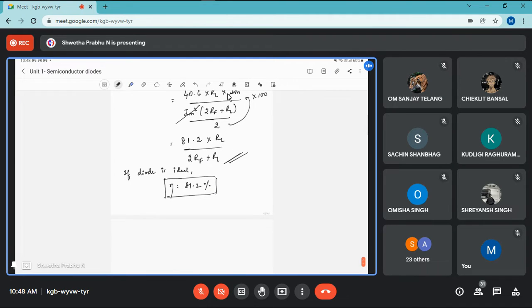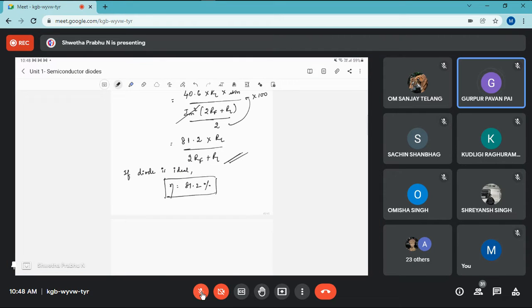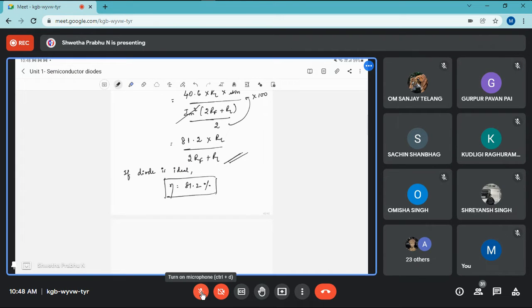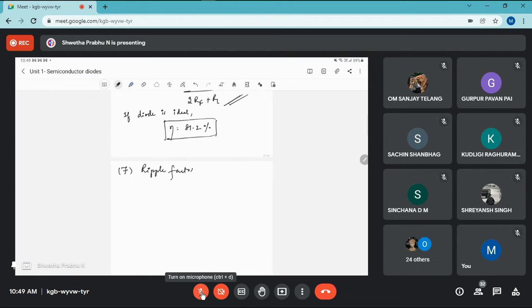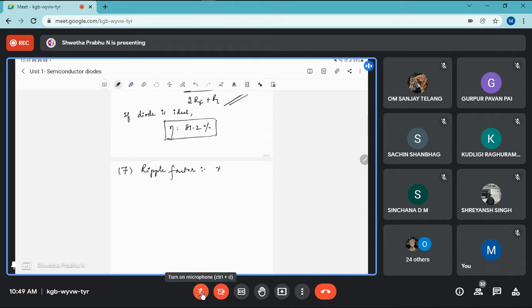Any doubts till now? No doubt. No, ma'am. Okay. So next, coming to the next consideration, that is the seventh consideration: ripple factor, denoted as gamma.